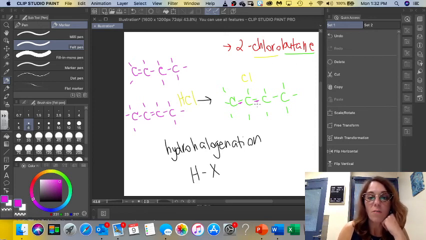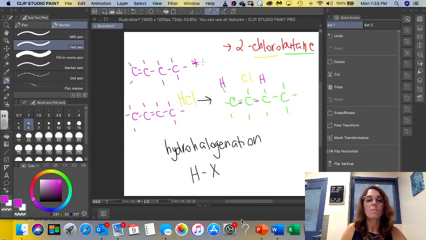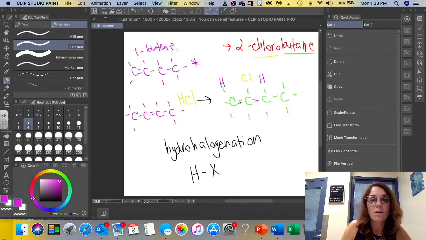According to Markovnikov's rule, that hydrogen probably went over here so that this carbon had more hydrogens and the rich get richer. In this case here, if the hydrogen was there, then I could have also had that, but our most likely candidate is this one here. So I started with 1-butene and hydrogen chloride to produce 2-chlorobutane.